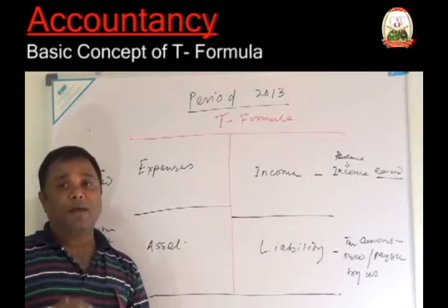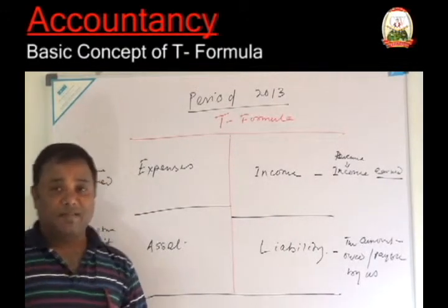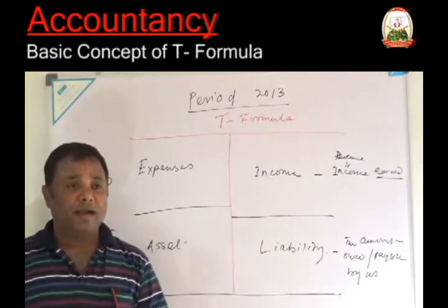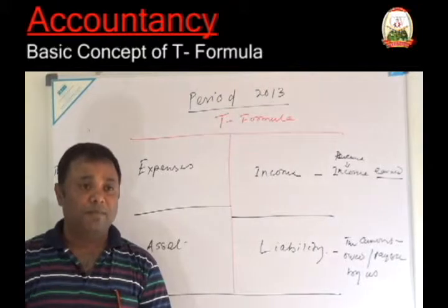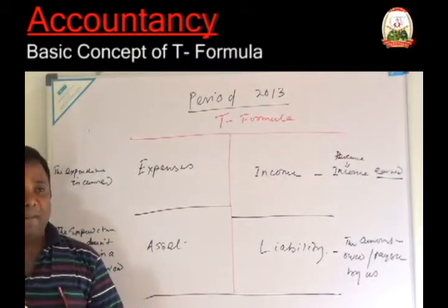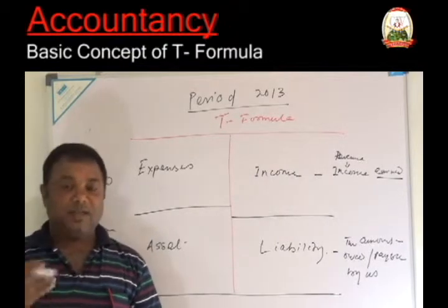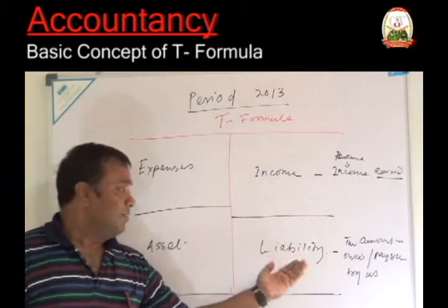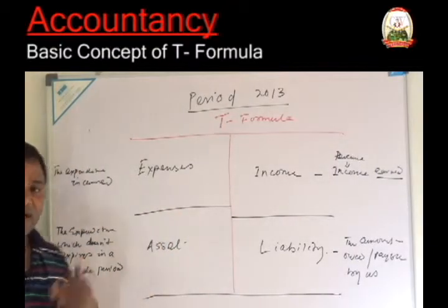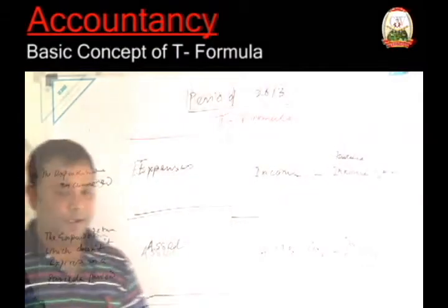That brings you sorrow, because from time to time those people will come and ask you, give me my money back. So ultimately that gives you pain and sorrow. So liability and income give you sorrow, whereas expenses and asset give you happiness.